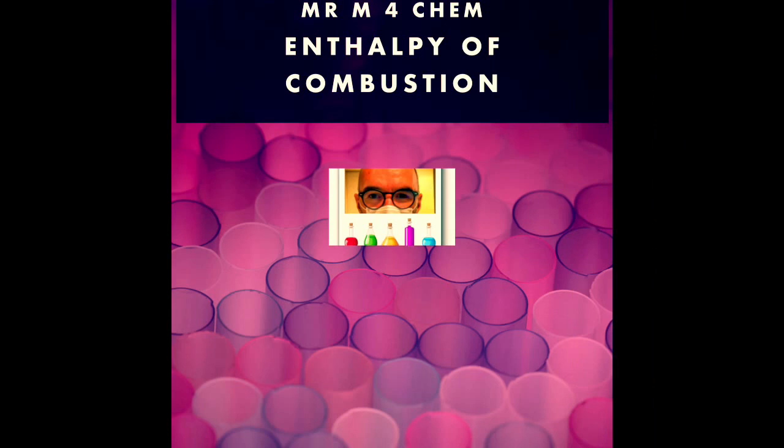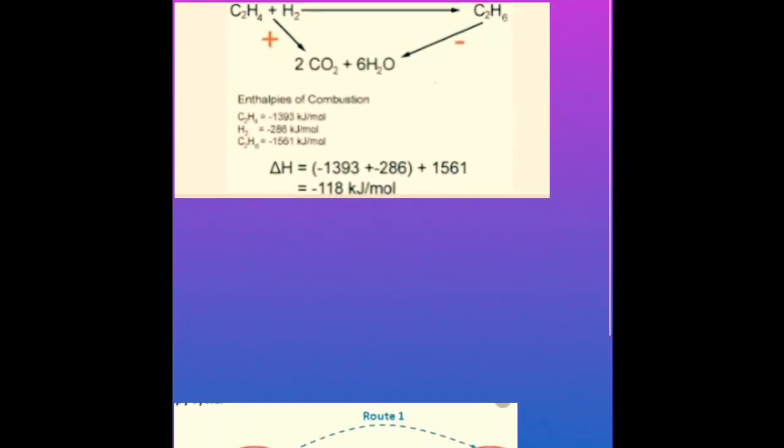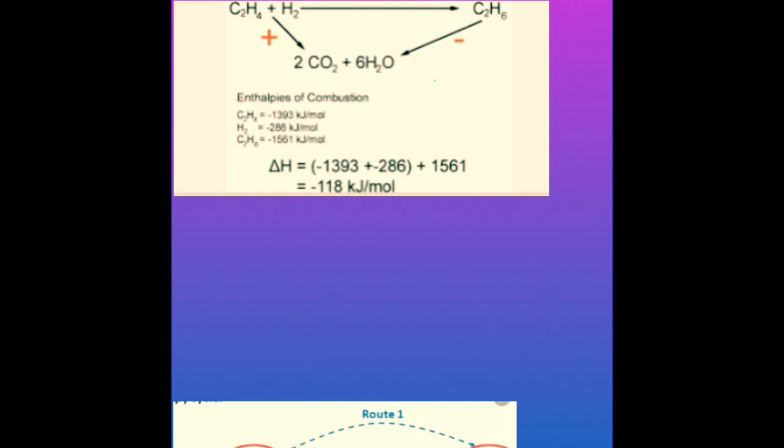Enthalpy of combustion data cycles. Number 1, we have ethene reacting with hydrogen, making ethane. If we call this reaction 1, 2, and 3, we can draw our anticlockwise and our clockwise arrows, and we could say that delta H1 plus delta H2 equals delta H3, applying Hess's law.